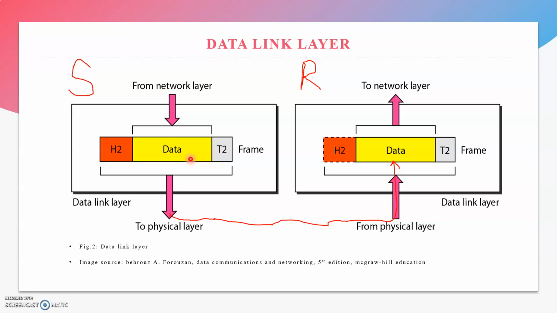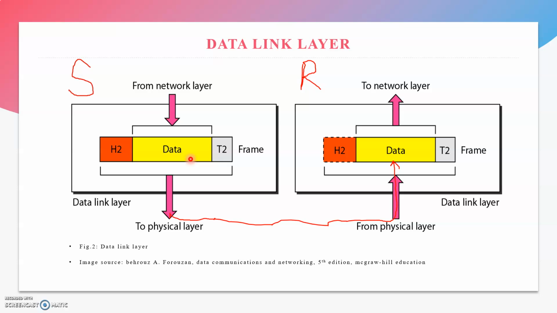Because if the frame is corrupted during transmission, whatever may be the reason, it must be either corrected or retransmitted. So the data link layer must make sure that the frame transmitted to the receiver or to the next hop is not overwhelmed with data by the previous network, and that flow of data is also controlled by the data link layer.